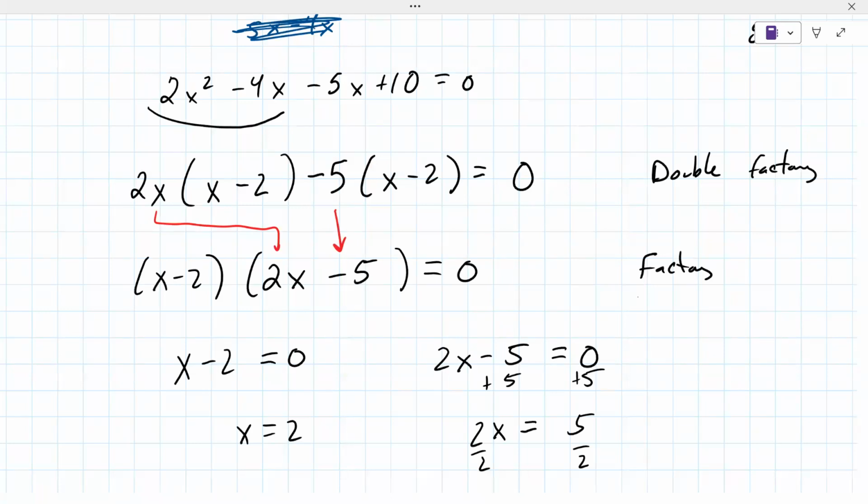So any questions before we move on to 3? Can we do another zeros one? Yes. Do you want it to be like this? Yes. Okay. All right, give me just a moment to find one.